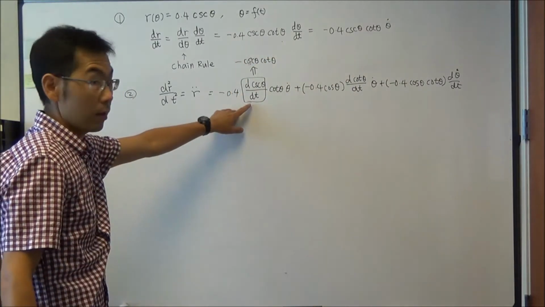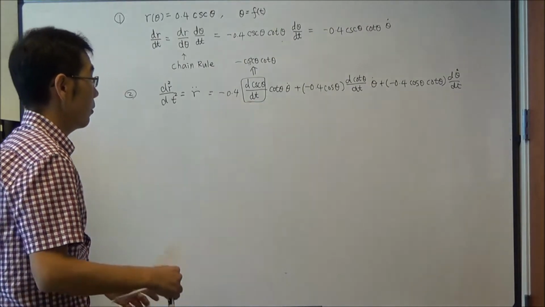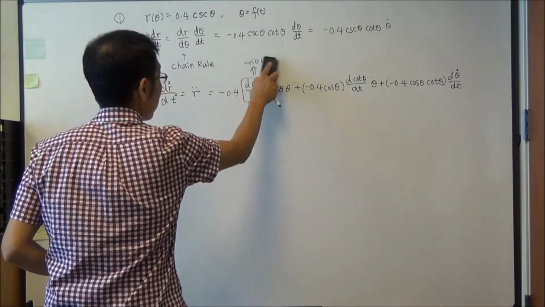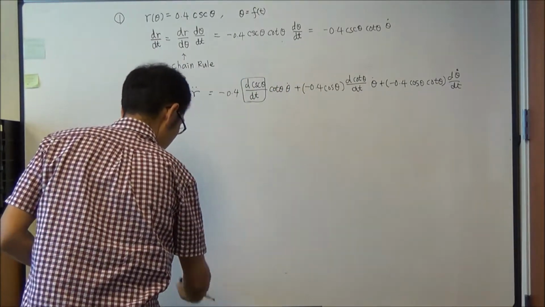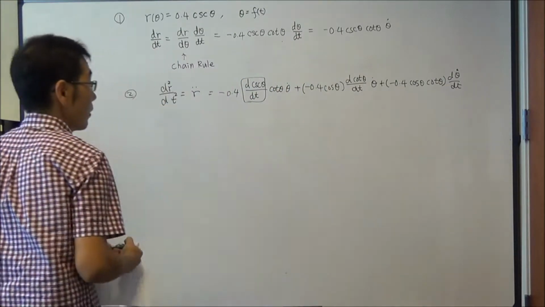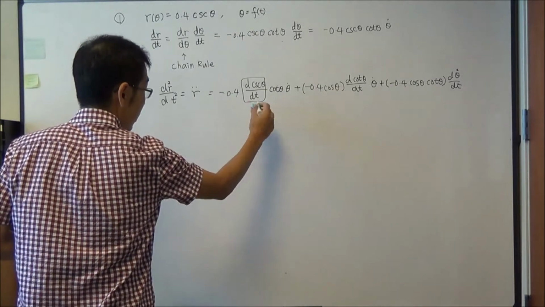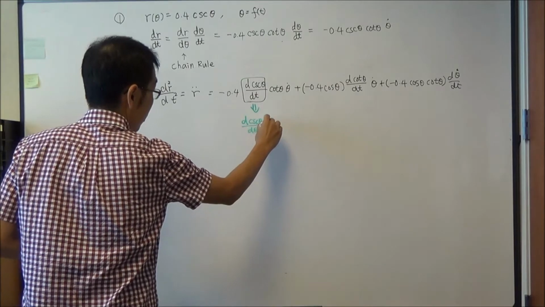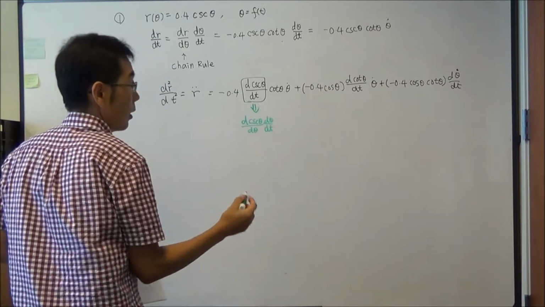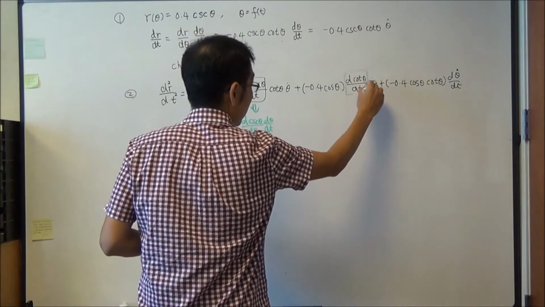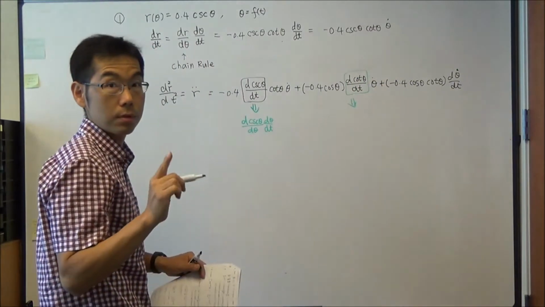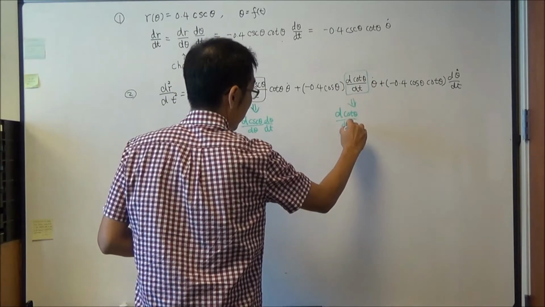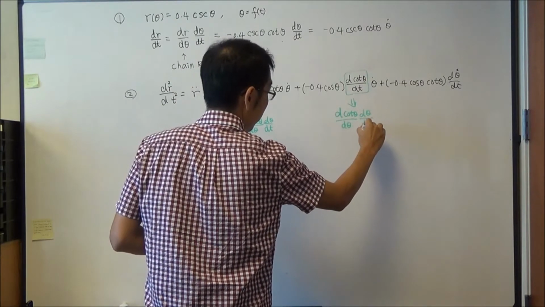So if you take a time derivative, let me just write down here. You can consider that this one is d cosec over d theta times d theta over dt. And for this one, we just use the chain rule: d cotangent theta over d theta times d theta over dt.